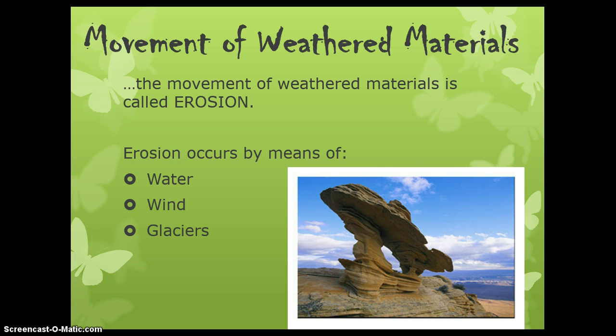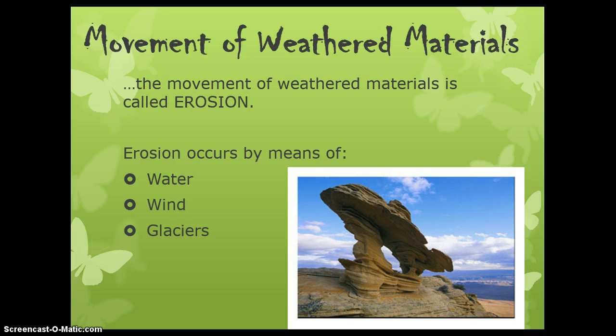Now, once materials are weathered down, you think about dust and small rocks and little sand pebbles, those materials actually move. And movement of weathered materials is called erosion. Erosion occurs by means of water, wind, or glaciers. And this is a really cool picture of a rock.